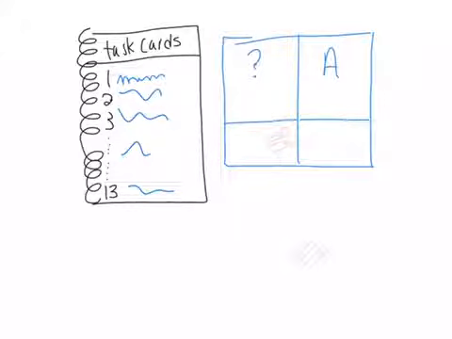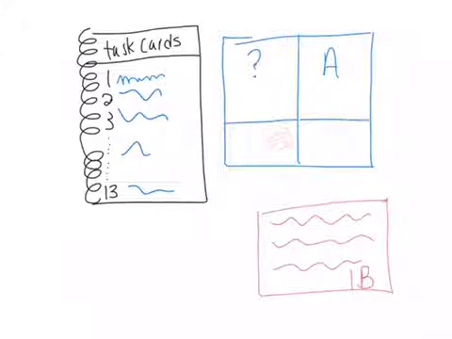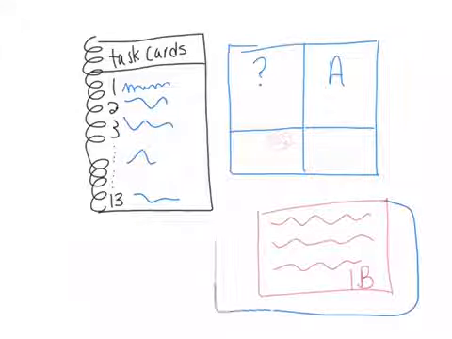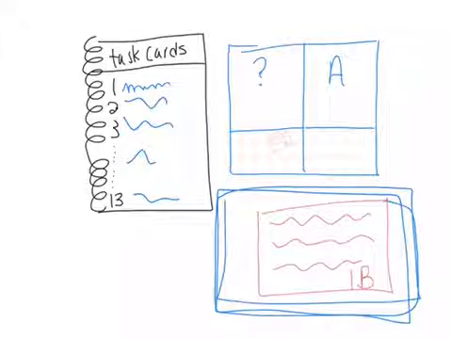The answer cards have the letter B on them. So for the answer for number 1, you're going to look for the card that says 1B. Look at what the answer is on the card and see if you got the same answer in your notebook. What I recommend is if you got something different than what the answer card says, get a different color pen and write the right answer in.